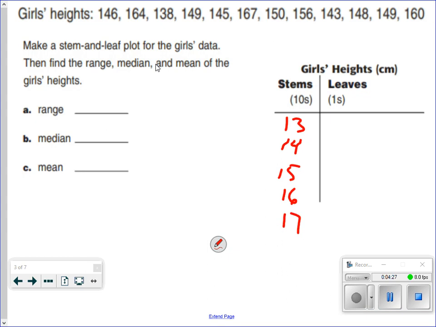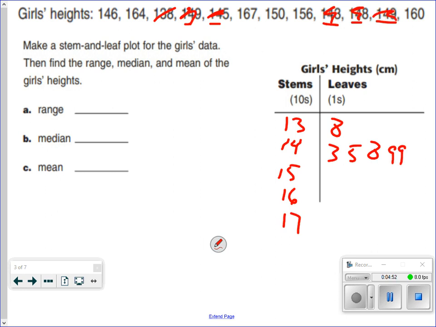So in the 130s, we have one at 138. In the 140s, we have a 143, 144, 145, 146, 147, 148, and two 149s. Okay.